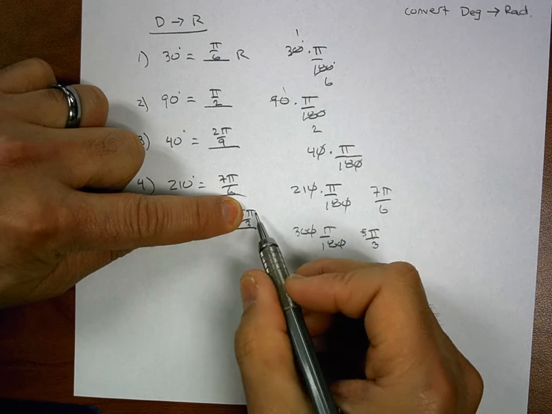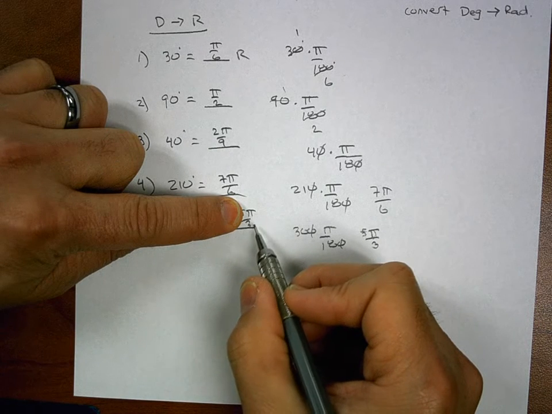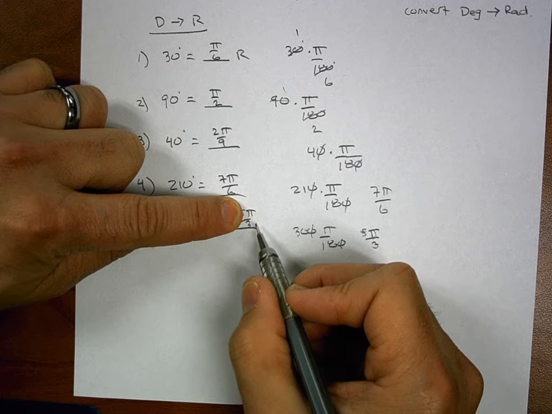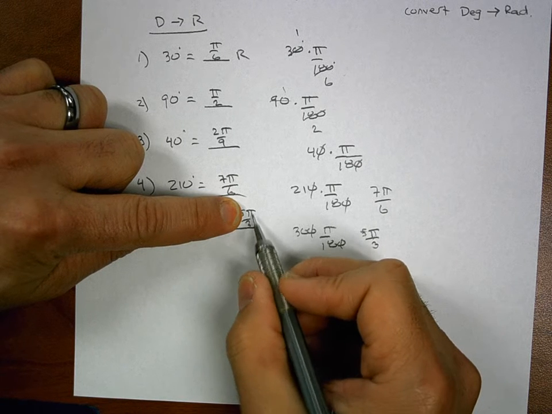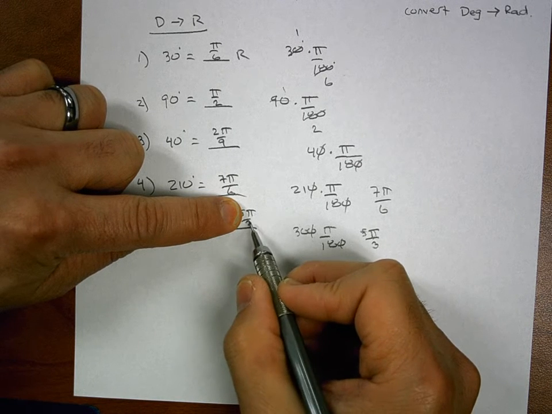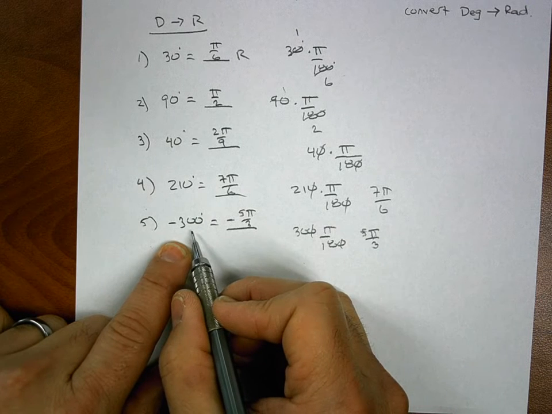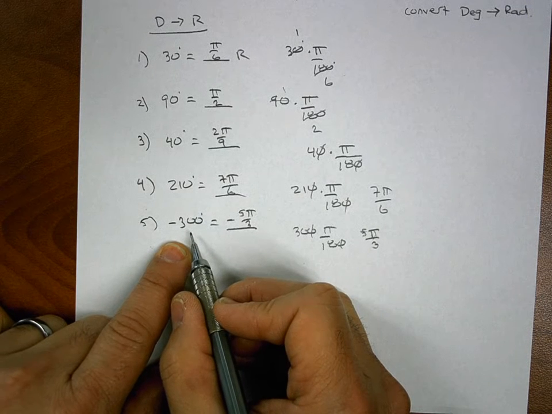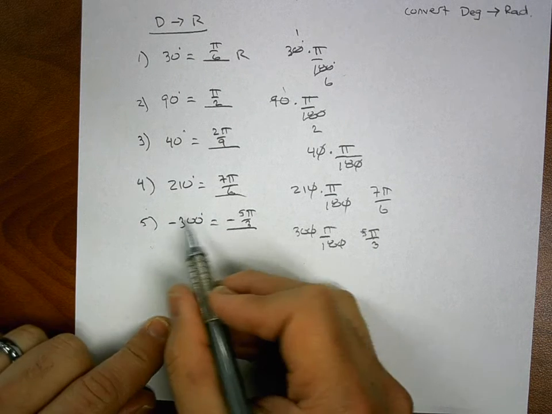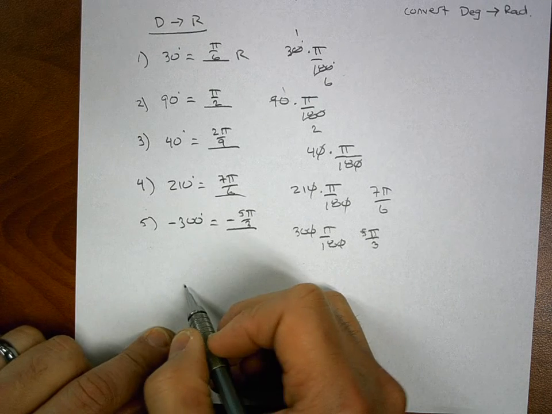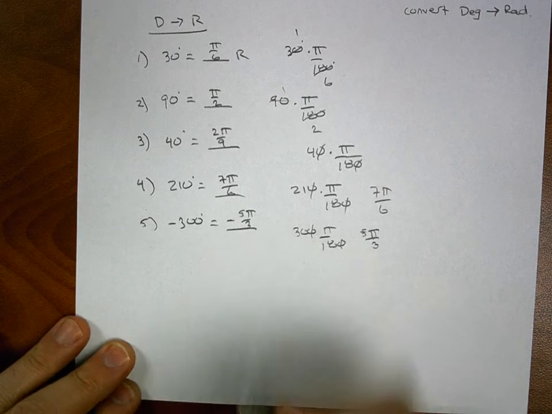What was pi over 3? Pi over 4 was 45, but pi over 3 is 60. Right? So wasn't 300 a 60-degree angle? Yeah, we had 60, 120, 240, 300. It was a 60. Okay, so there we go.